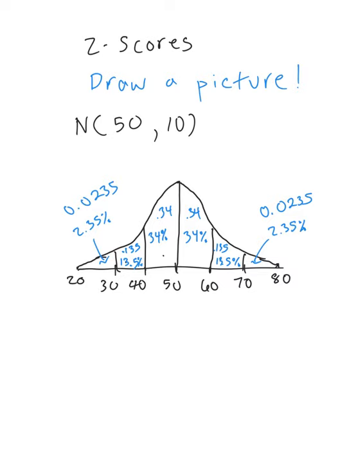And the very tiny part that goes up to 90, that's 0.15%, or 0.0015.